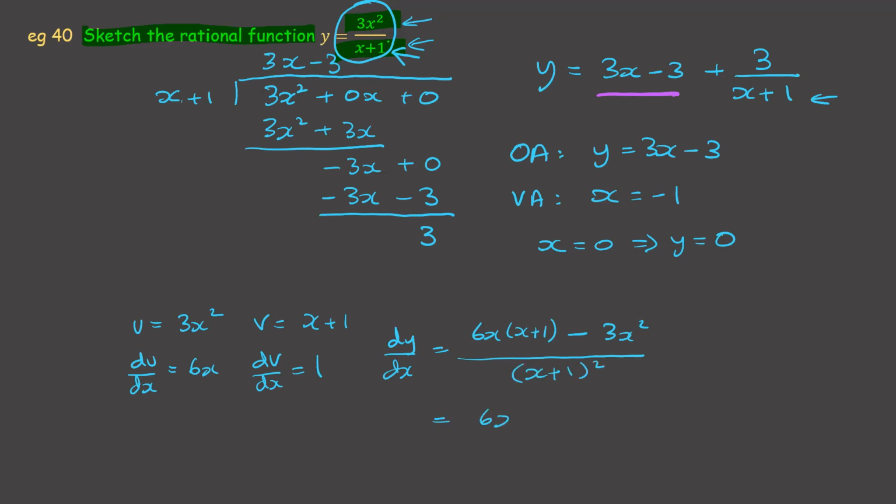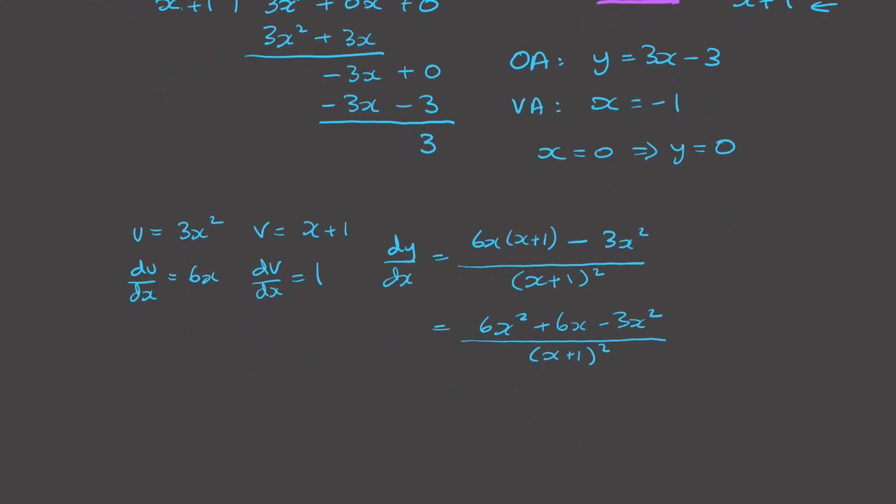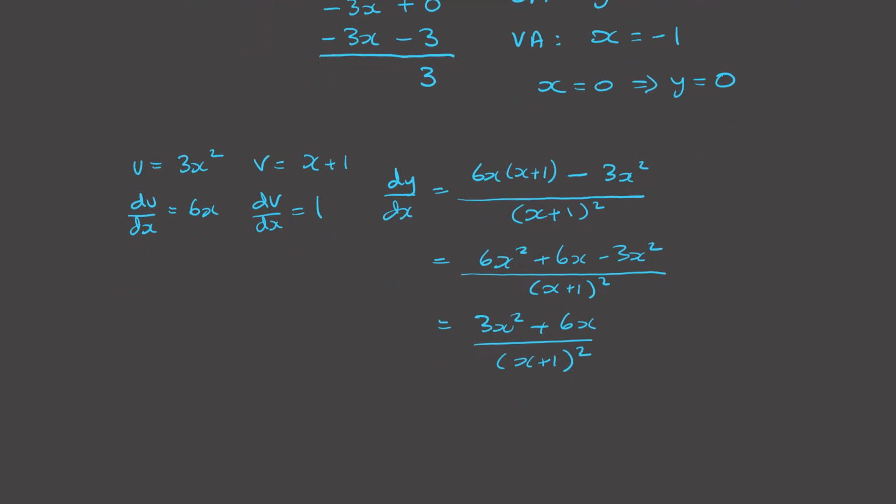So we get 6x squared plus 6x minus 3x squared over x plus 1 squared. And that gives us 3x squared plus 6x over x plus 1 squared.